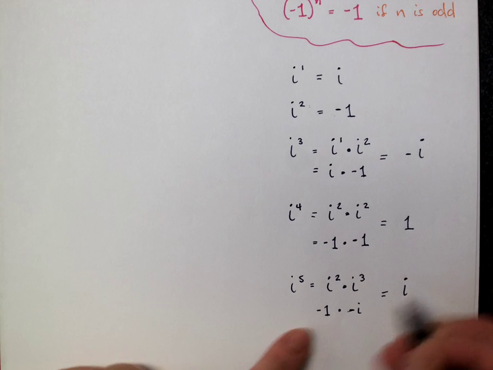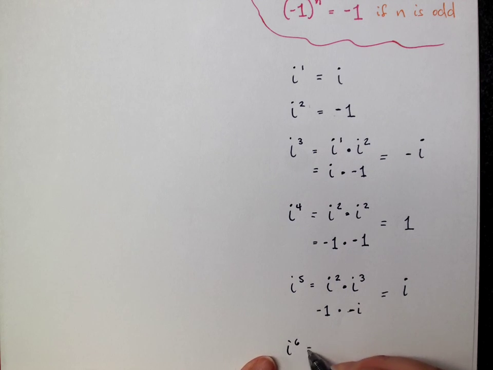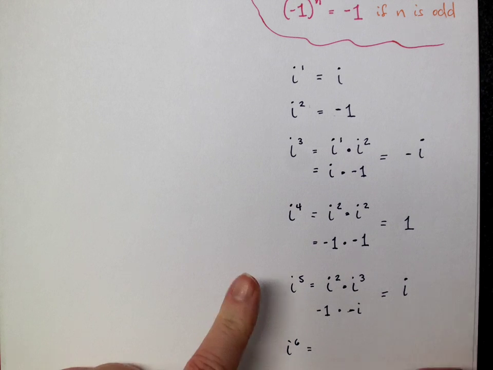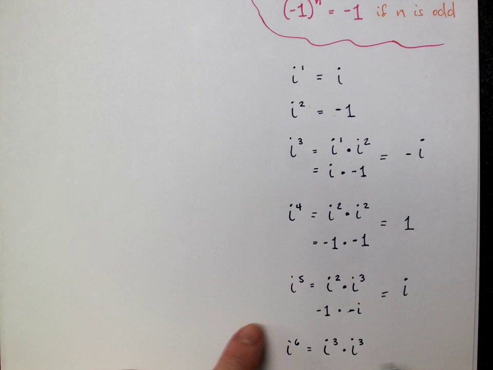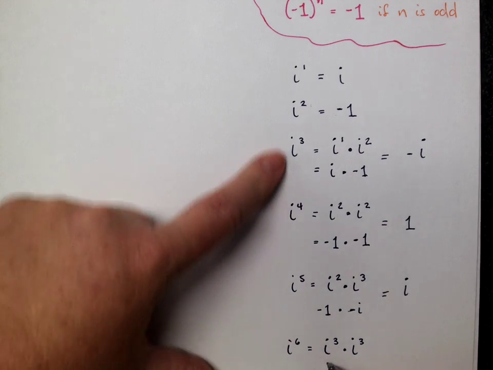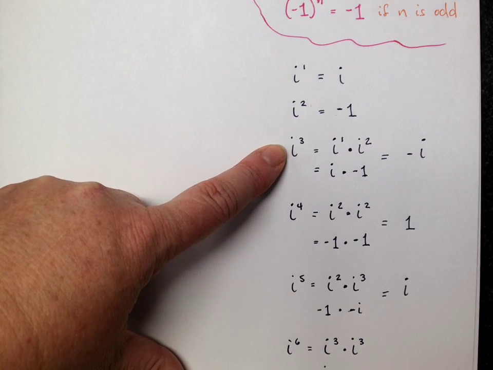So positive i. i to the 6th, I could write as 3 and 3 or 2 and 4 or 1 and 5. I'll use 3 and 3. If you use a different combination, as long as it adds up to 6, that's fine. And I know i cubed is -i times -i.